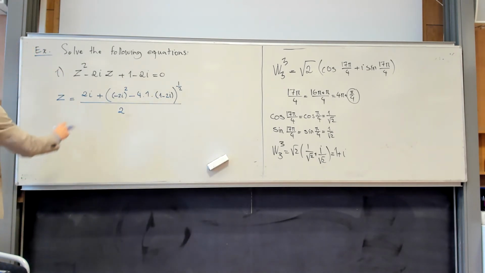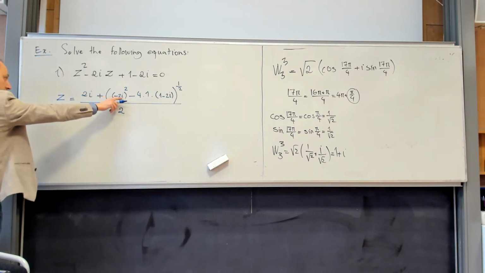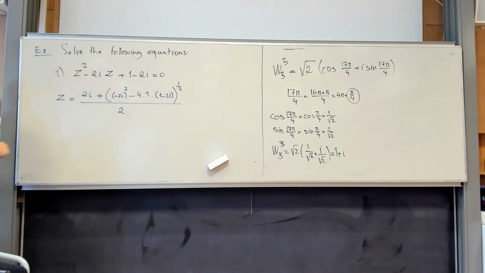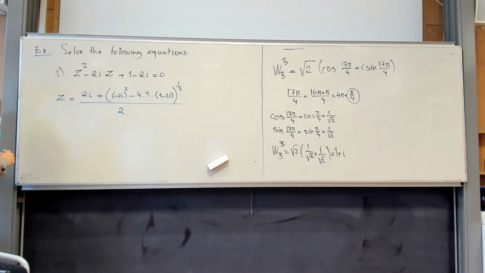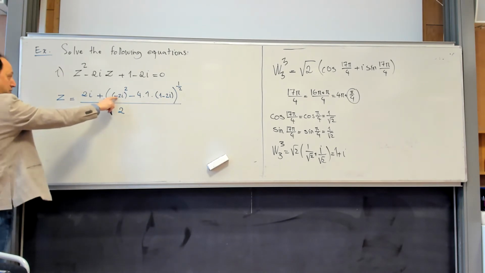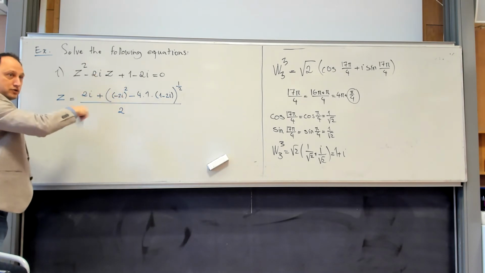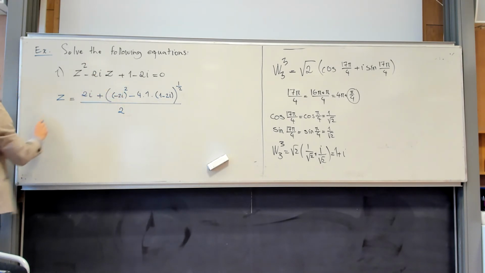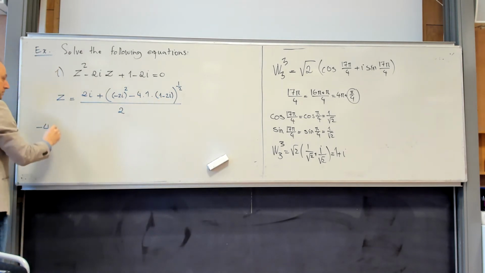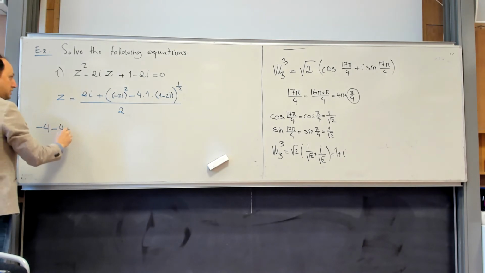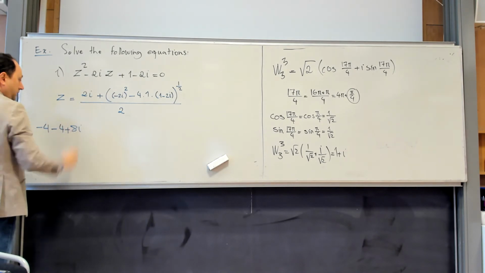So let us start from simplifying this expression a little bit. What is minus 2i to the power 2? Minus 4, because i squared is minus 1, so it becomes minus 4. Then minus 4 multiplied inside gives minus 4 plus 8i.